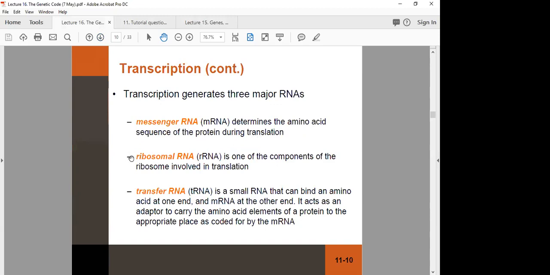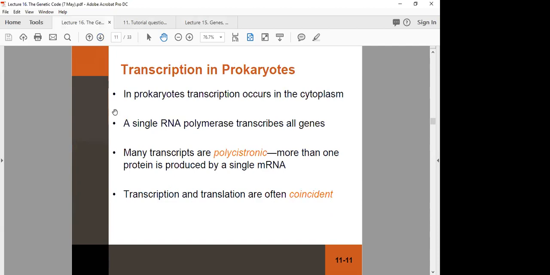There's another type of RNA that can be transcribed from a specific gene, and this is called ribosomal RNA, rRNA. We'll come back to that later. And here's our third major type of RNA, transfer RNA or tRNA. And I'll also come back to that later and describe that to you.